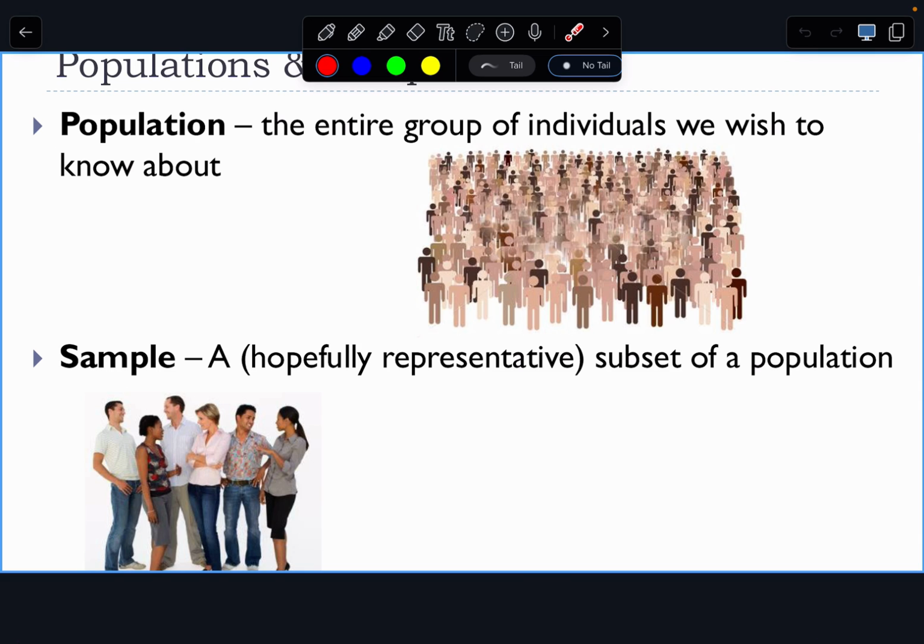So I don't have access to my entire population, but I do have access to these individuals who are representative of that population. I can measure what it is I want to measure on that sample and then use that to either generalize to the larger population, or maybe we're looking for a cause and effect relationship between variables, whatever the case may be. But that's what we're looking at first. So that population: who do I want to know about? The sample: who did I get information on?